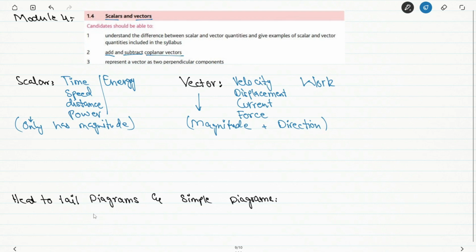So let's consider the first diagram here. Consider this box, and a force of 5 Newton is applied here, and a force of 3 Newton is applied here. So what's going to happen to this box?